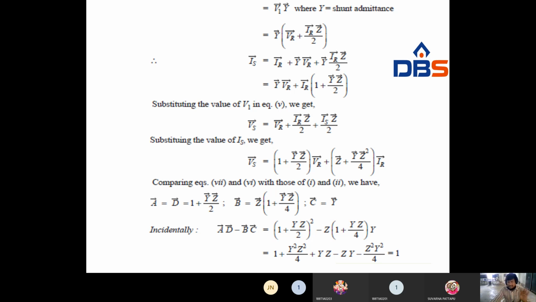Therefore IS is equal to, so what is the equation? IR plus Y into VR plus Y into IR Z/2. Generally IS is equal to IR plus IC.